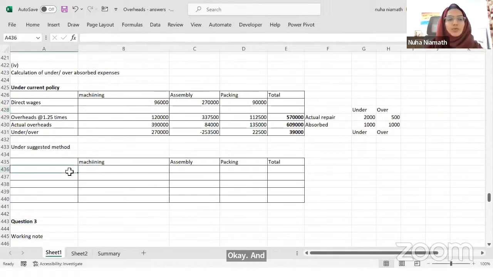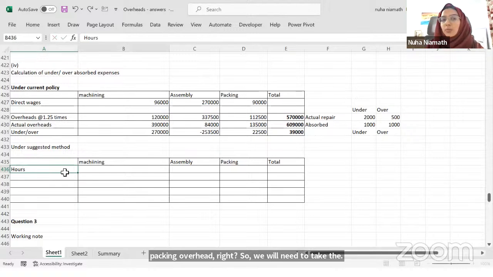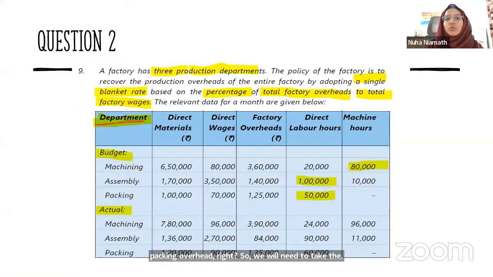So now we will move to the next method, which is the method on which we have calculated the machining budgeted overhead rate, assembly overhead rate, packing overhead rate, right? So here we will need to take the hours, because we will be absorbing on the basis of actual hours worked.